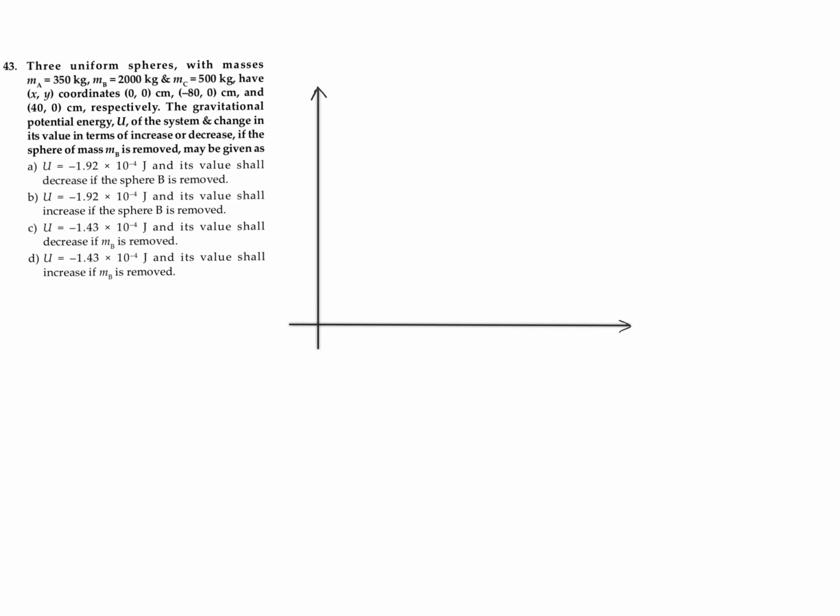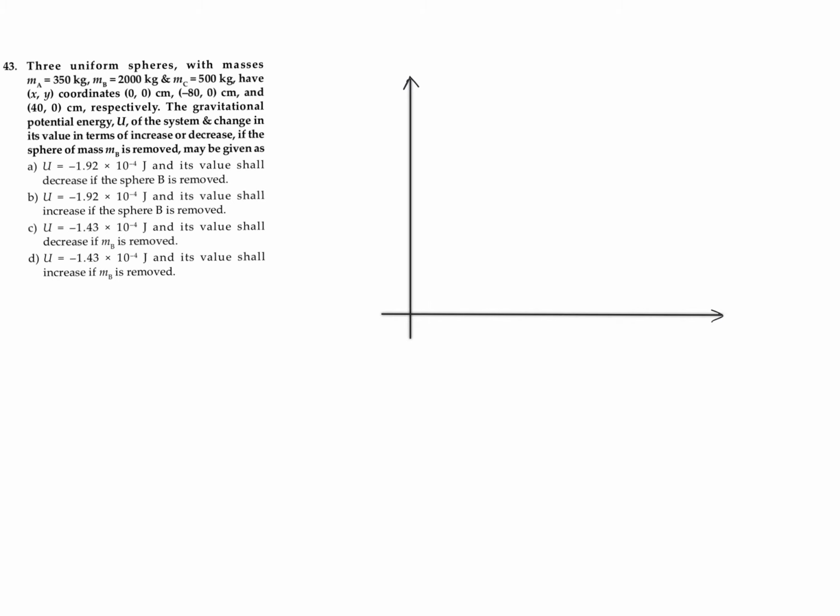According to the given orientation, the first one was Ma, of magnitude 350, which is kept at the origin, so its coordinate we can take as 0, 0. The second mass Mb, of magnitude 2000, is kept at minus 80, 0, which means we can take it on the negative x-axis, somewhere over here.